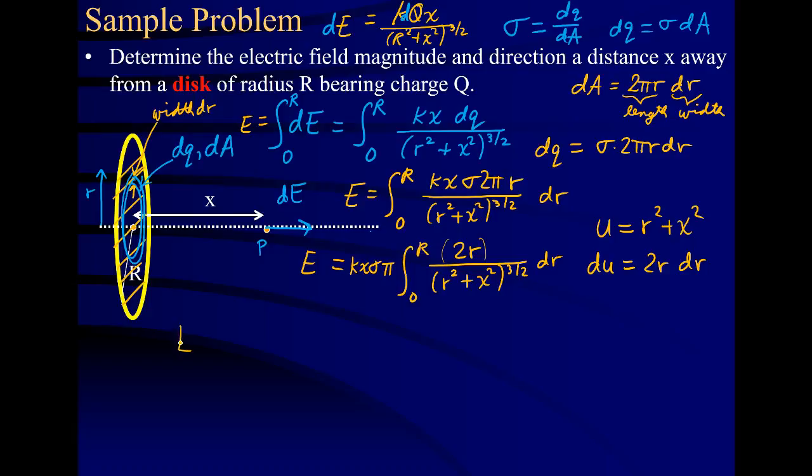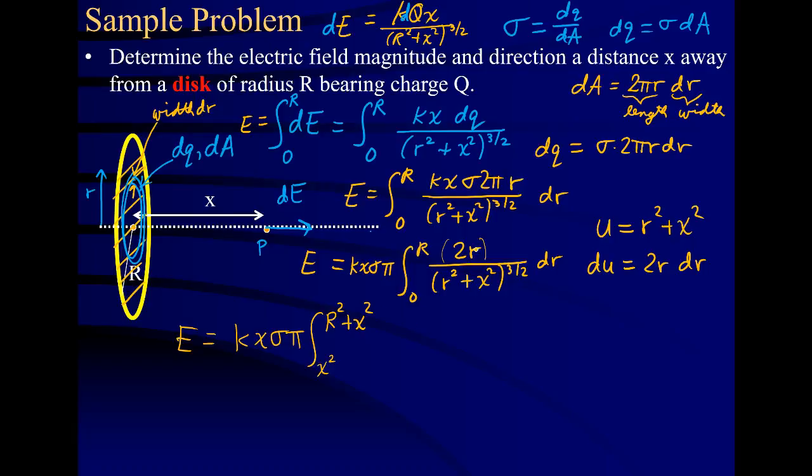So that means that our integral turns into k, x, sigma, pi, and we have different limits. When little r is 0, u is x squared, and when little r is equal to big R, it's big R squared plus x squared.